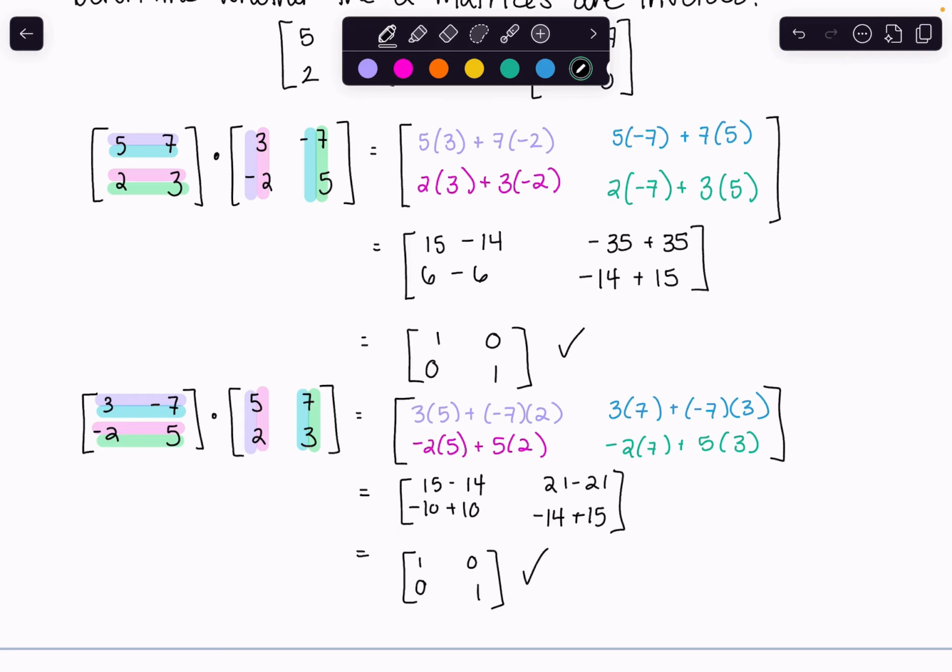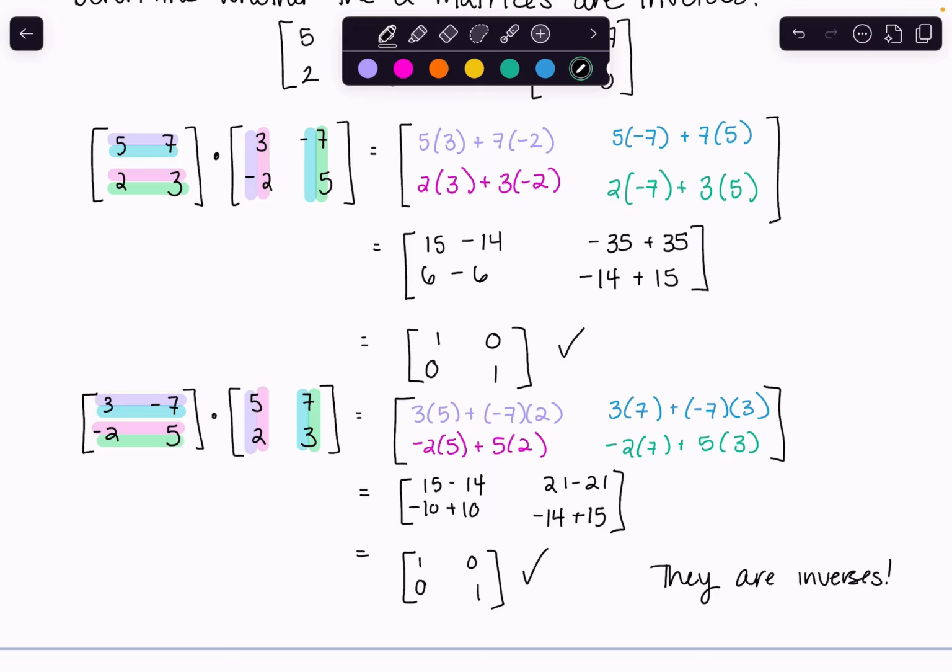So indeed, this resulted in the identity matrix on both multiplications. So these are inverses. If one of them does not result in the identity matrix, then they are not inverses of each other, okay?